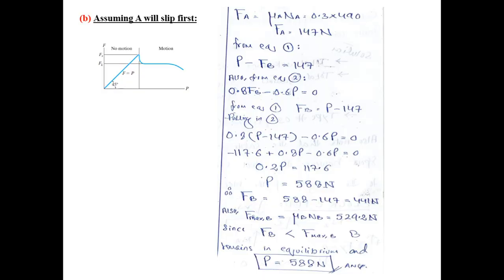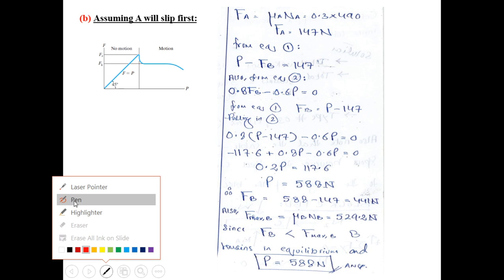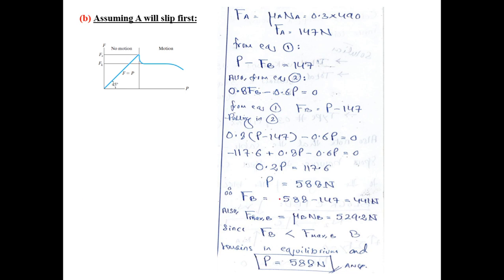So as I was saying, we have now calculated the value of this load, which is 588 Newton, and by assuming that A will slip first, this means that point B will remain in equilibrium, and therefore we have to prove now that point B is indeed in equilibrium.